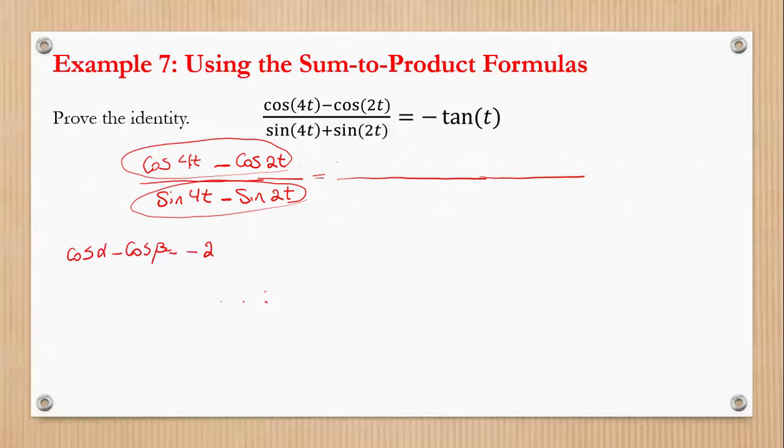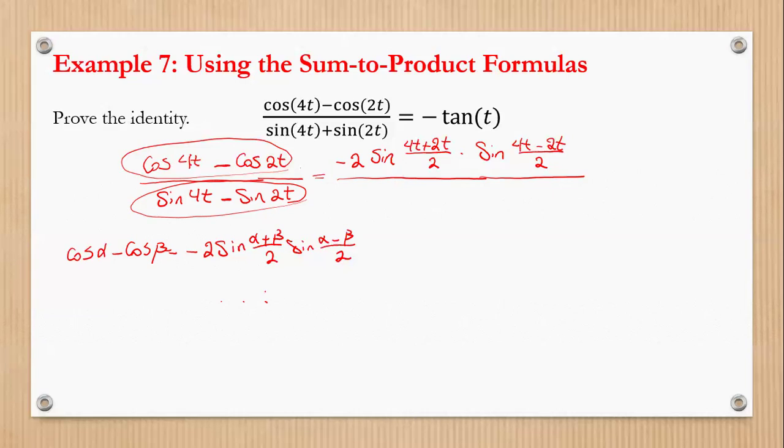Negative 2 sine of alpha plus beta over 2 sine of alpha minus beta over 2. That's the formula. Now I'm going to replace alpha by 4t and beta by 2t. So it's negative 2 sine of 4t plus 2t over 2 times sine of 4t minus 2t over 2.